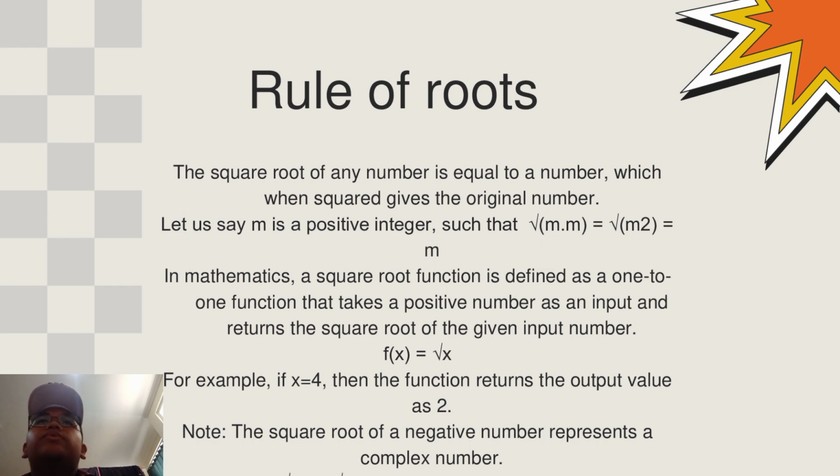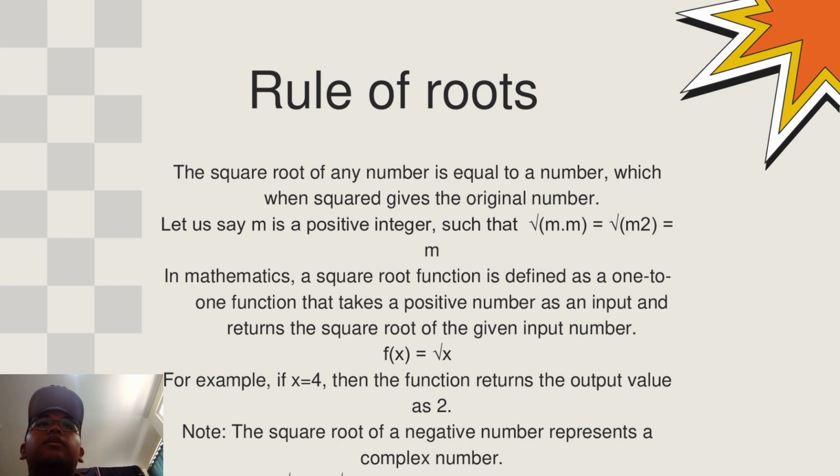In mathematics, a square root function is defined as a one-to-one function that takes a positive number as an input and returns the square root of the given input number. f(x) equals root x. For example, if x equals 4, then the function returns the output value as 2. Note the square root of a negative number represents a complex number.